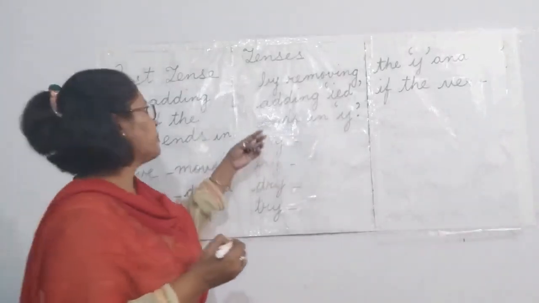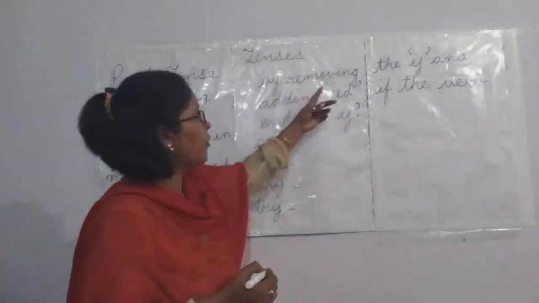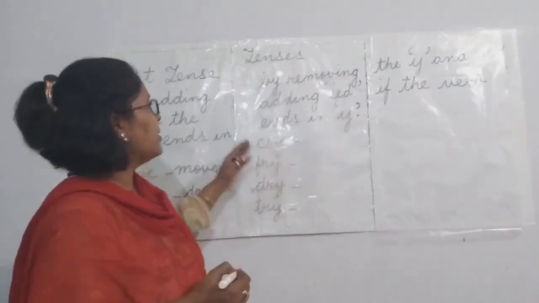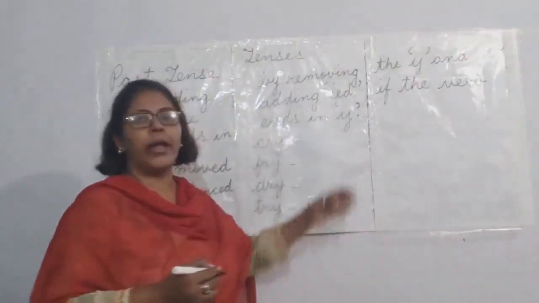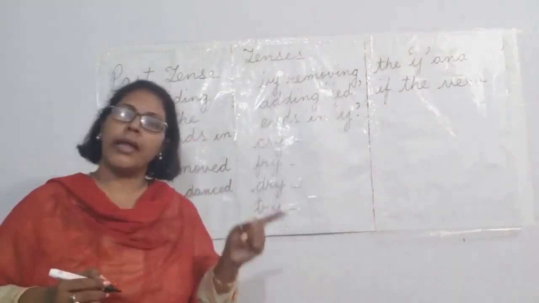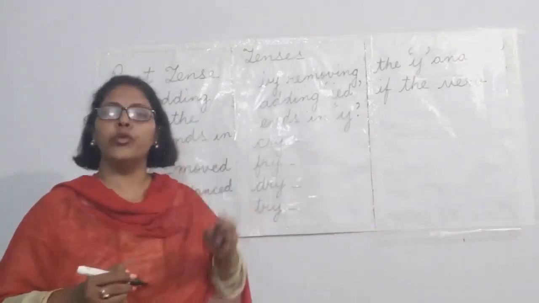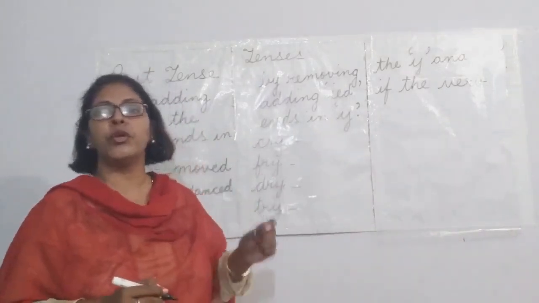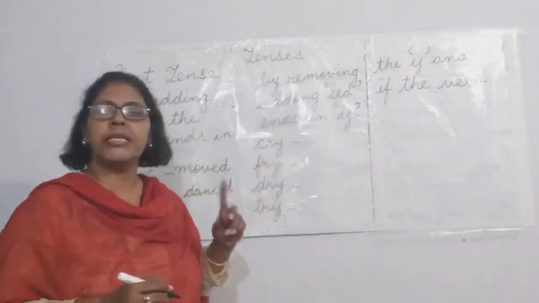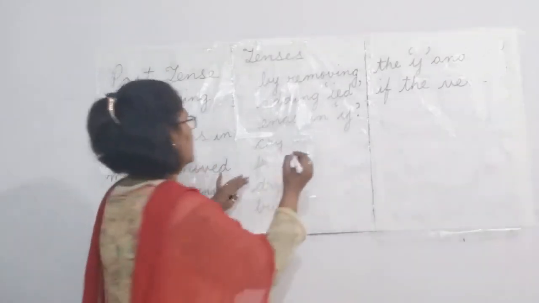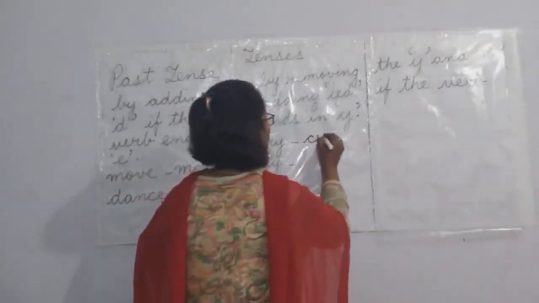Okay, next one. By removing the Y and adding IED if the verb ends in Y. If a verb has Y at the end, you have to remove that Y and you have to put IED. Okay? So it is written here CRY. So we'll write just here CR.